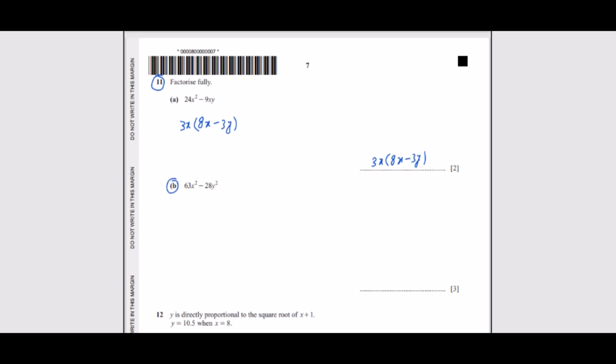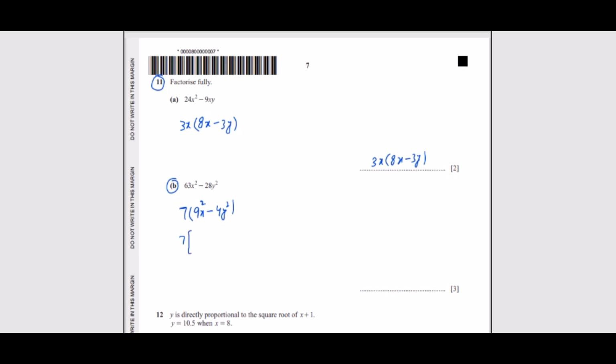Part B. 63x squared minus 28y squared. So take 7 common from these two numbers. 7 nines are 63, x squared is the same, minus 7 fours are 28, y squared, 7.